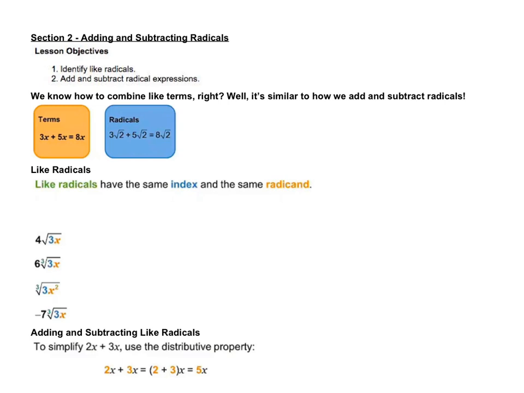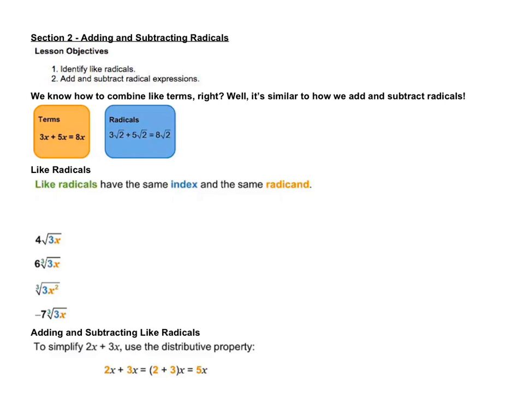When I think about adding and subtracting radicals, I think about the concept of combining like terms. And we know how to combine like terms, right? Well, it's similar to how we add and subtract radicals. Let's say you had 3x plus 5x.